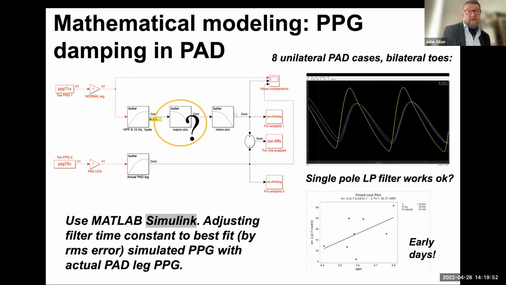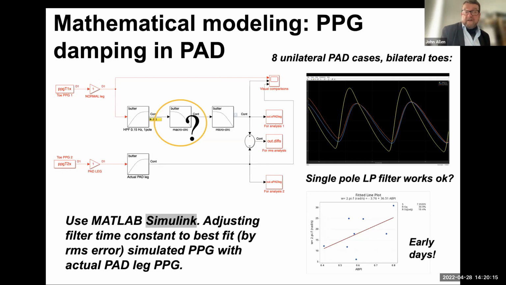You can put both into the Simulink algorithm and pre-process this. And just by simple low-pass filtering, one-pole filtering, you can actually produce results that look pretty much to make sense. So the model could be fairly simple to explain the pulse shape, just as a first-order approximation.